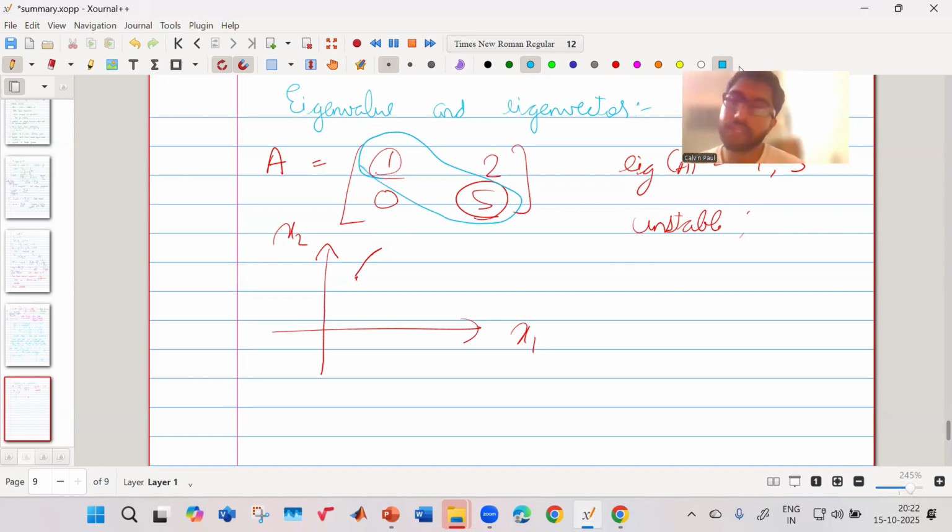If it is not upper triangular, lower triangular, or diagonal matrix, then you have to use determinant of lambda I minus A equal to 0. Apart from this, how do you find the eigenvector? What is the formula for that?